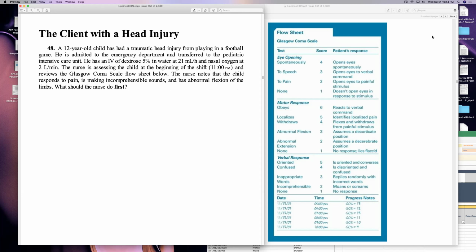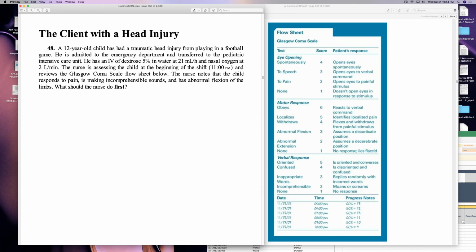Okay, so a 12-year-old child has had a traumatic head injury from playing in a football game. He is admitted to the emergency department and transferred to the pediatric intensive care unit. That's called the PICU. He has an IV of dextrose 5% in water at 21 milliliters per hour and nasal oxygen at 2 liters per minute.